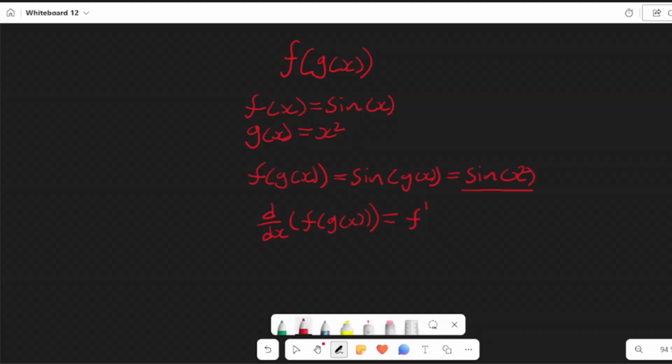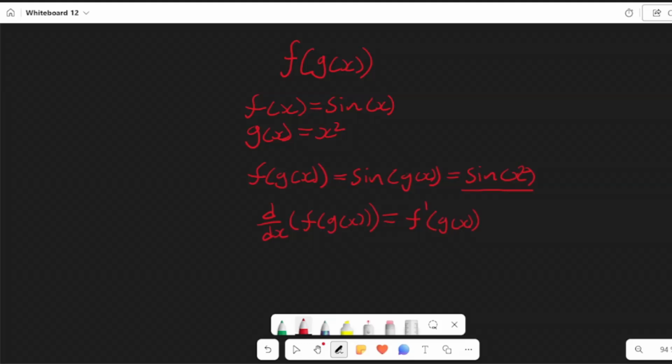So f prime is essentially just the derivative of f of x. I'm not exactly sure if you've seen this notation before, but it's just going to be the derivative of the outside function, and we let the input of that derivative be g of x.